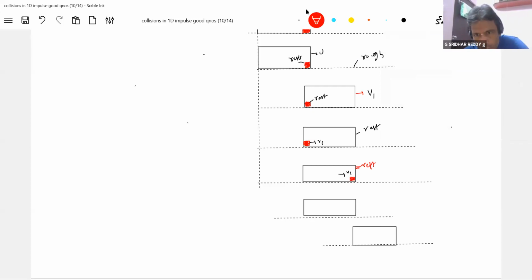So the block will give that velocity. This will be v1, and the block will be there only. I think I explained enough of this one. After this, we have to generalize it. We can't keep on drawing diagrams.